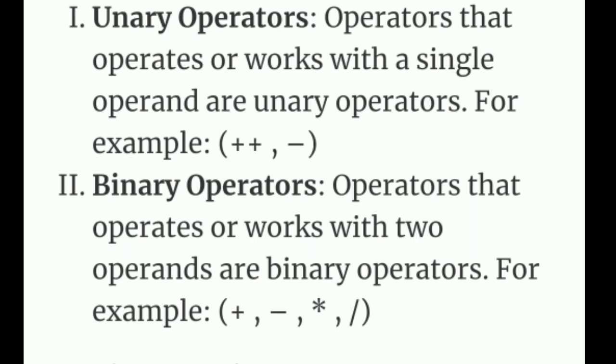Bitwise operators are used in the C programming language to perform bit level operations. The operators are: bitwise AND, bitwise OR, bitwise exclusive OR, bitwise complement, shift left and shift right. These are some bitwise operators.